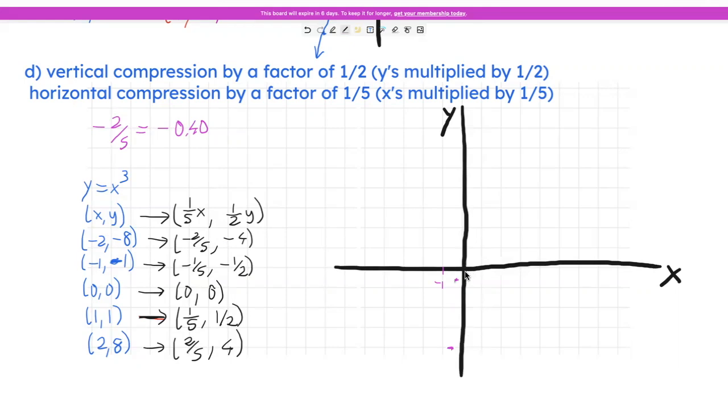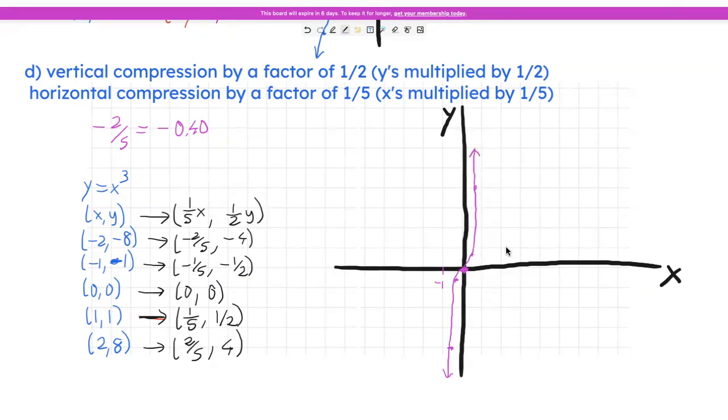That's right there. 0, 0. And then 1/5 with a 1/2. And then 2/5 with a 4. Okay, so it's a very narrow type of looking graph because of all of the compressions we applied. But this is your graph.